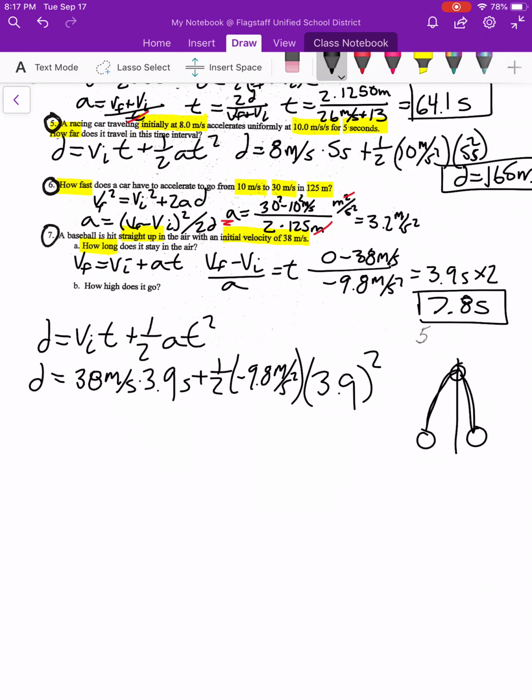Let me redo it. Divided by 2. Okay. Plus 38 times 3.9 should give me about a distance of 74 meters high.